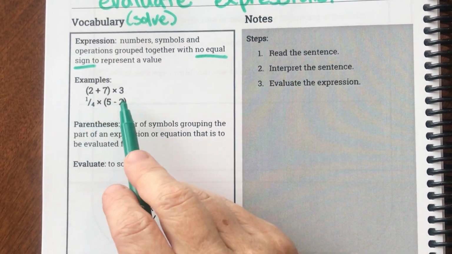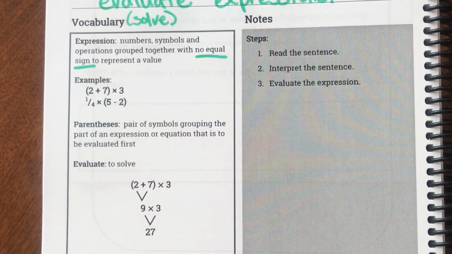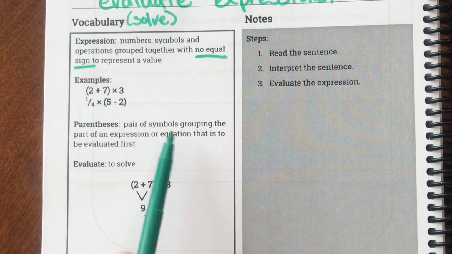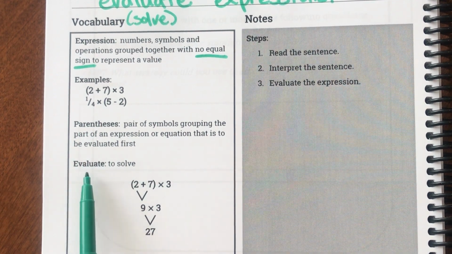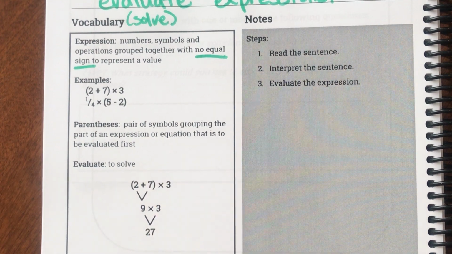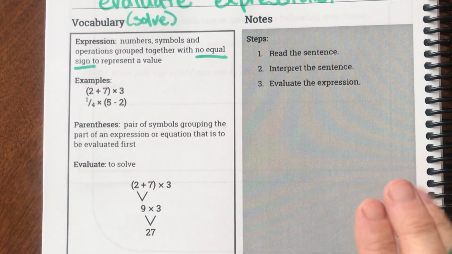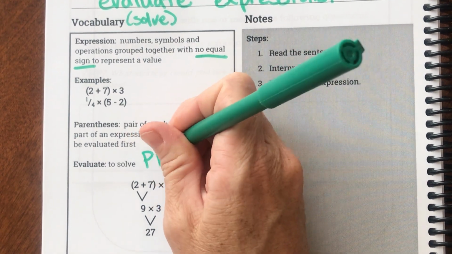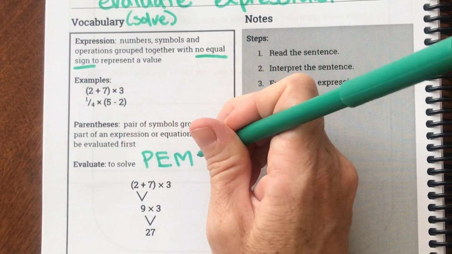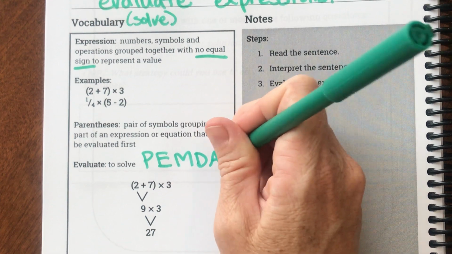So they've given us some expression examples. We've looked at what parentheses are, and then remember when we solve these, we follow this thing called order of operations. Our little cheat sheet is PEMDAS.